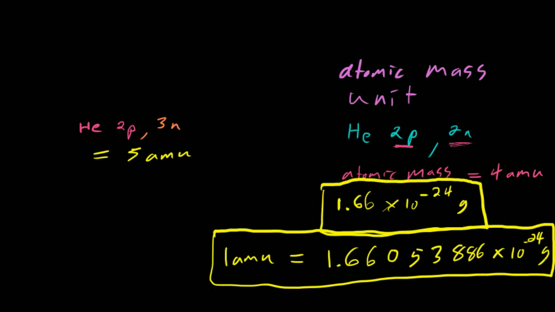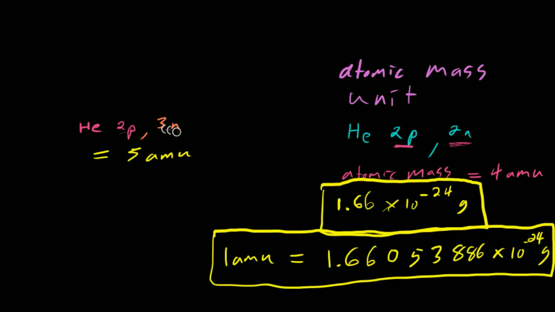The important thing I wanted you to get out of this video is that when we talk about atomic mass, we're only considering the protons and the neutrons. We're not considering the electrons at all. And the other thing is that the atomic mass unit is essentially the mass of either 1 proton or 1 neutron.